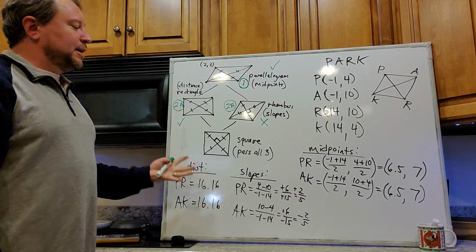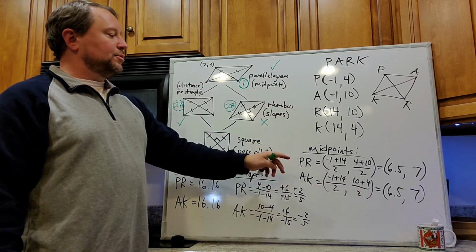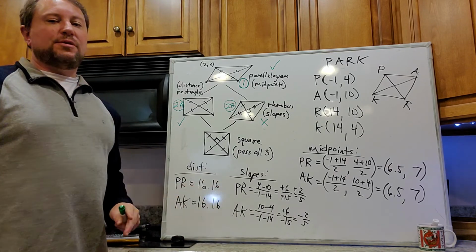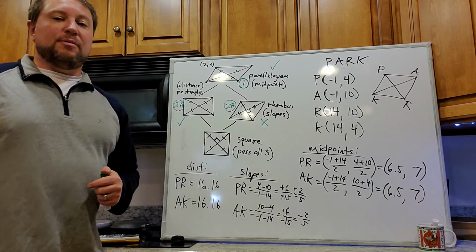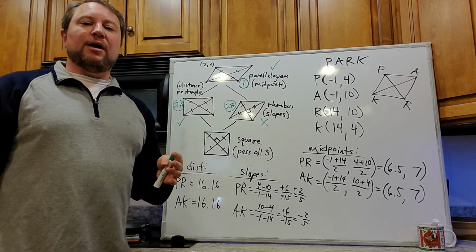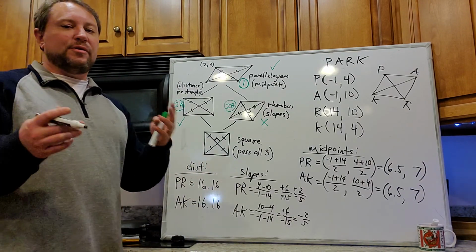Okay? So these techniques that I'm showing you here, where you just have to check for the diagonals, the 2 midpoints, distances, and slopes, are really a lot less work than some of the stuff we did earlier. You're probably thinking, man, why didn't you show me this earlier, Mr. Hess? Well, I wanted you to be aware of all the possibilities, different ways that we could prove figures are different shapes.